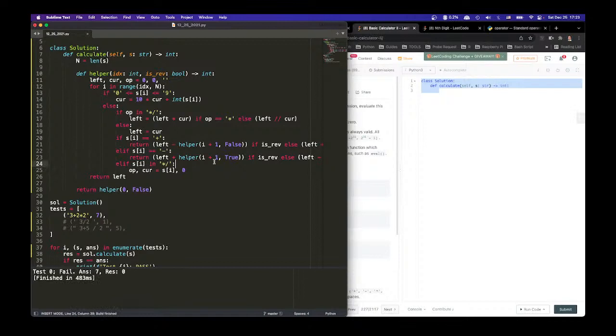This one's still wrong. The heck? So 3, that's the first one. The current is 3. And then the next one, so left equals 3. The SI is a plus sign. So that should be 3 plus something.